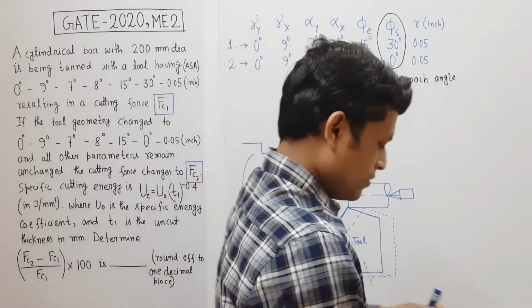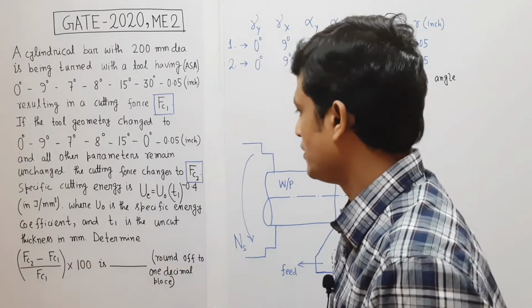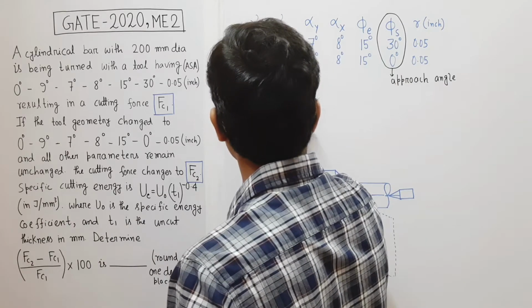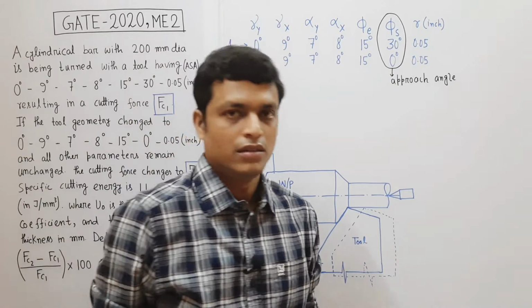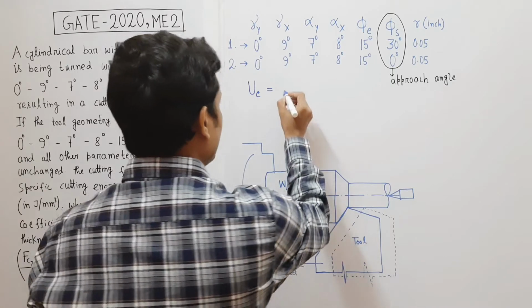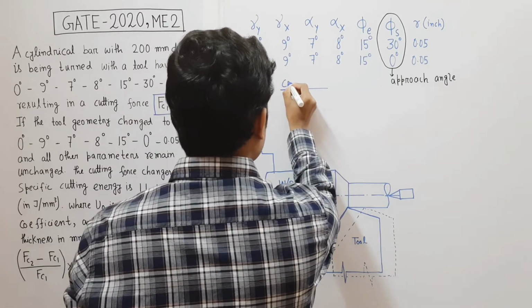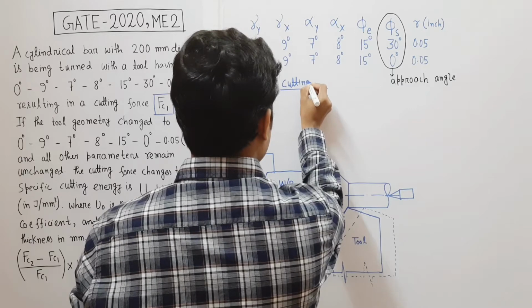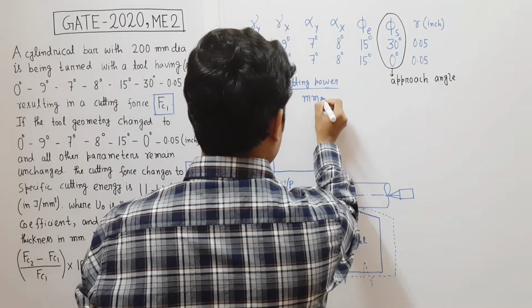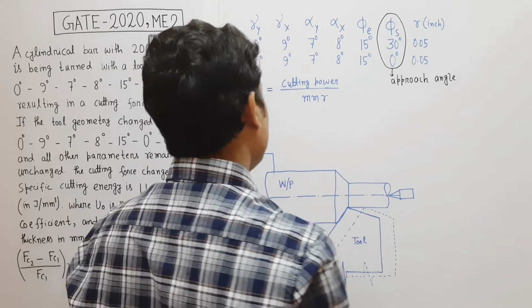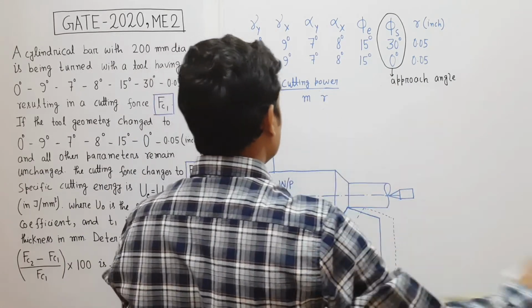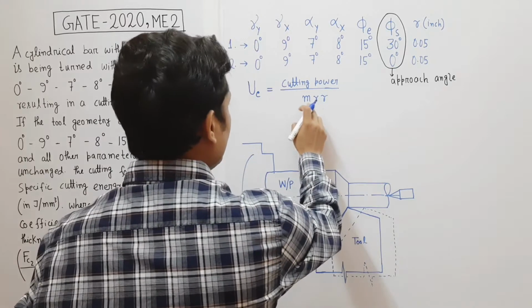So now let us see what is specific cutting energy. The specific cutting energy UC is what? The mathematical expression of UC is cutting power divided by material removal rate, MRR.